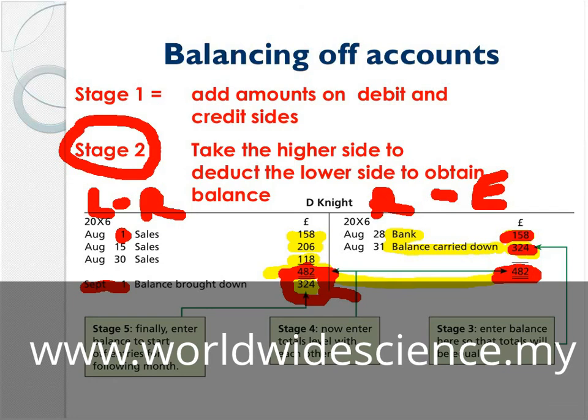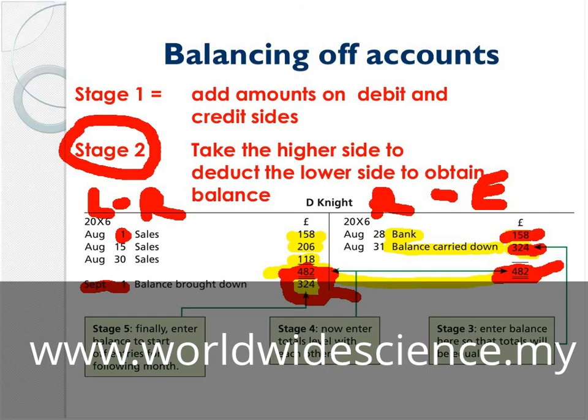We enter in the balance. And later you see 158 plus 324 will be 482. And right now we have a balance between the left side and the right side.